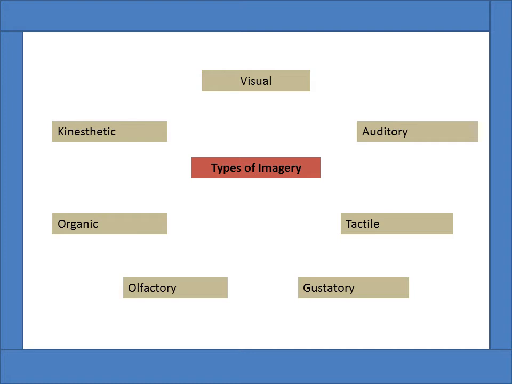The next is organic imagery. It talks about internal sensations, like hungry, thirsty. And the last is kinesthetic imagery, and it is about movements or tensions in the muscles, for example, heartbeat.